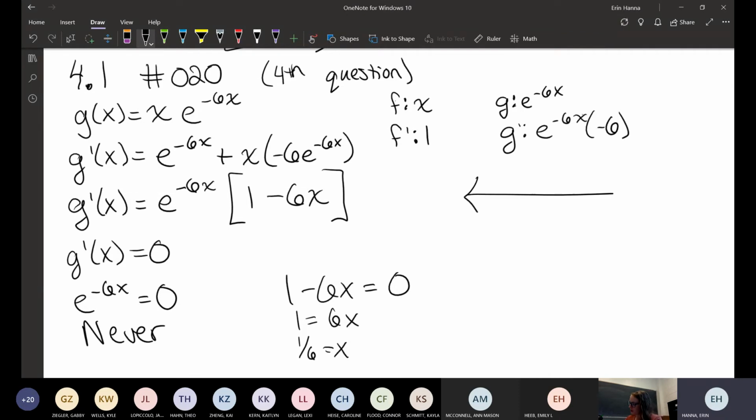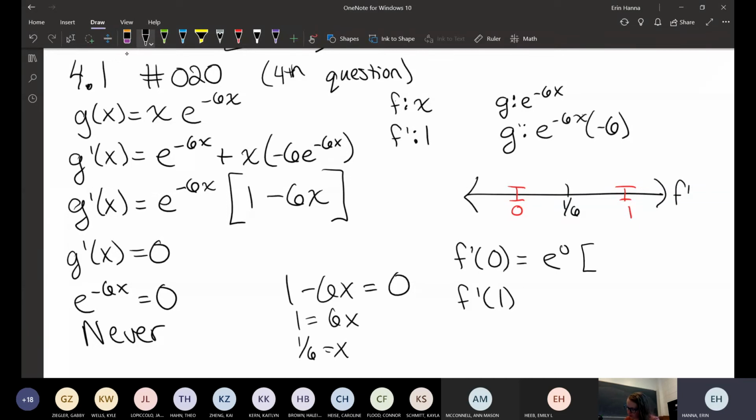So then we put that on a number line, so 1/6. Pick some test points, maybe 0 and 1. Take those test points and plug them into the derivative. We get e to the 0 times 1 minus 0, a positive times a positive, or just equal to 1.